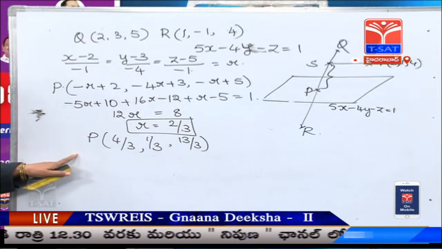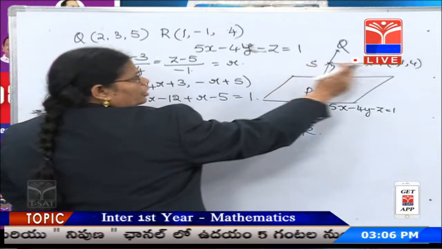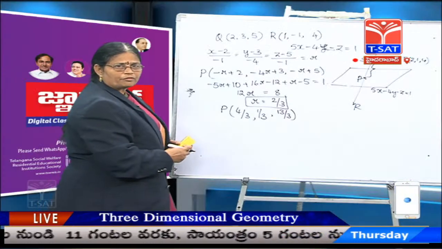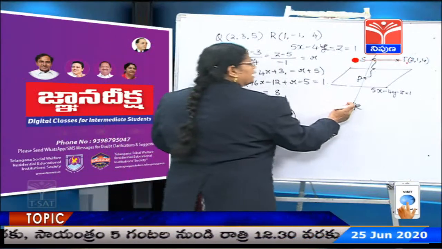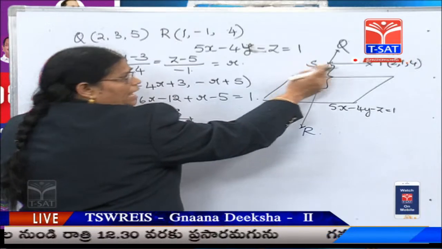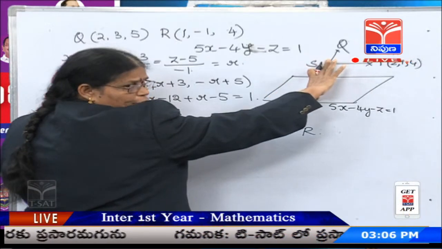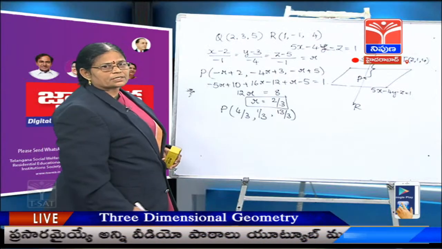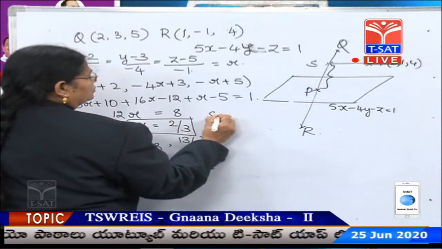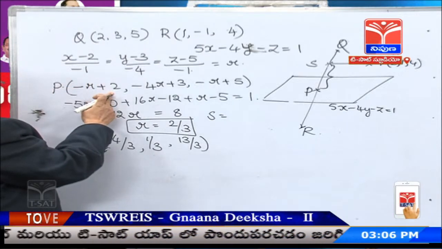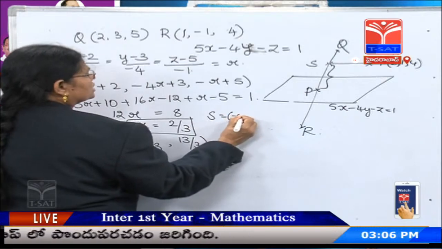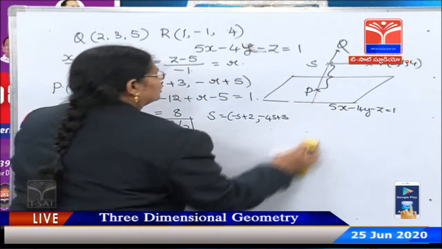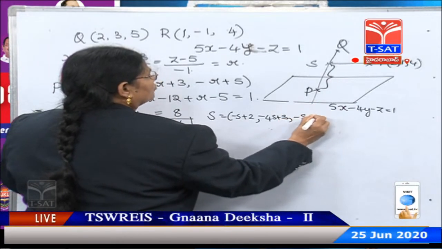Now, the second part of the question: S is the foot of the perpendicular from T. So, you need not find the foot of the perpendicular directly. Let us write again any point on this line, and because this is the line perpendicular to this, we use the condition for 2 perpendicular lines when we know the DRs. So, the S point will be the same as P, written with S: (minus S plus 2, minus 4S plus 3, minus S plus 5).